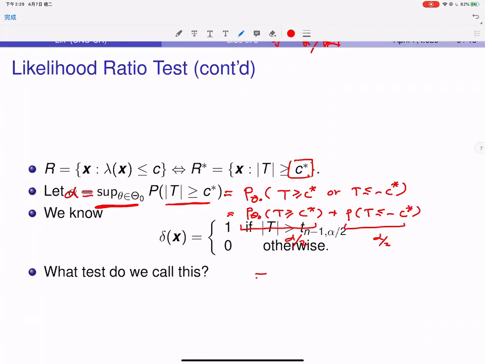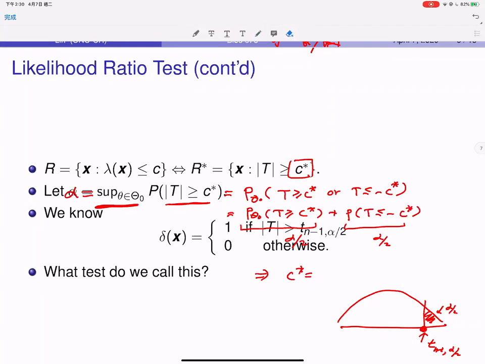Then you will find that c star is going to become, again, a distribution quantile, with alpha over 2 in the right tail. This guy right here is nothing but t with n minus 1 degrees and alpha over 2. Actually, it's 1 minus alpha over 2. I think this is a typo. They are using the right hand side quantile.